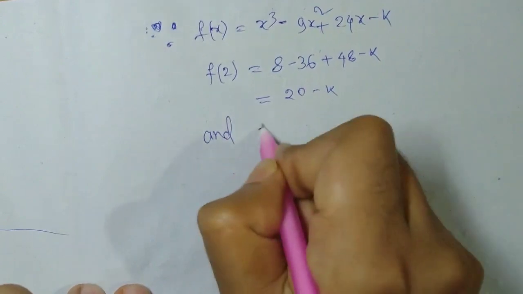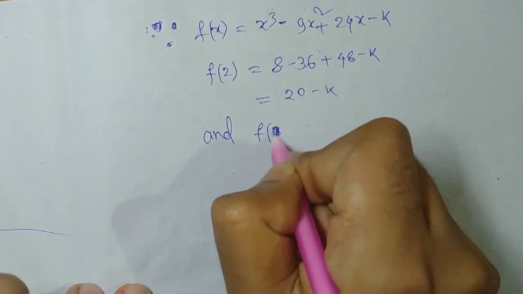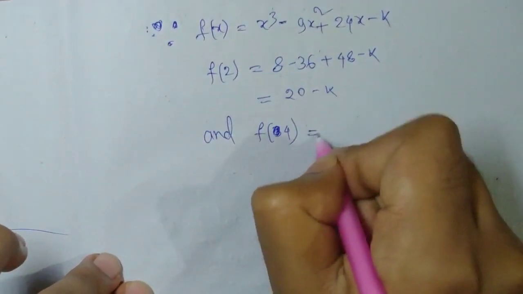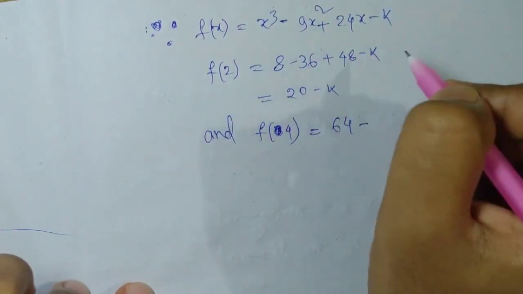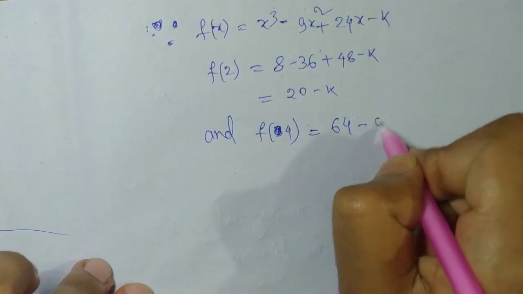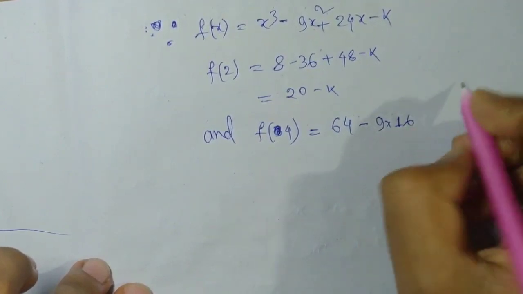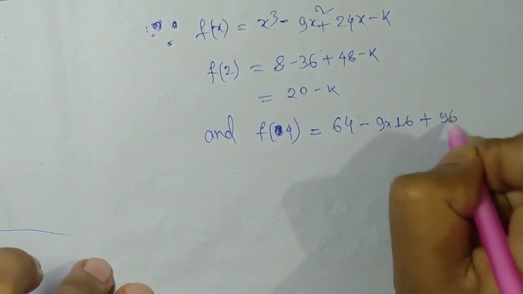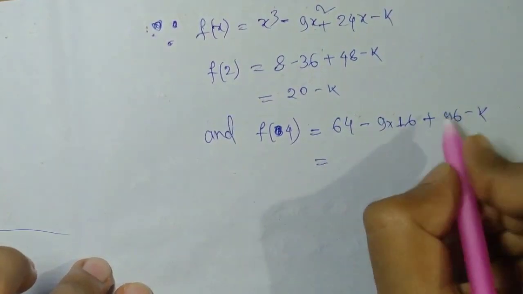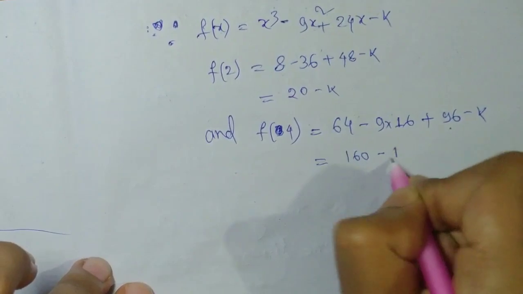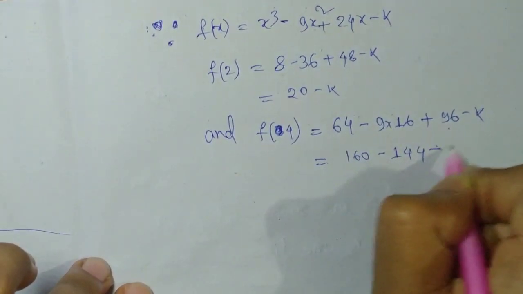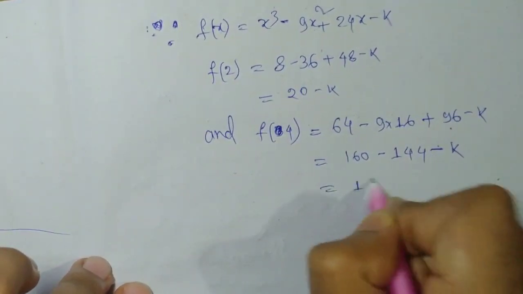And f of 4 equals 64 minus 9 into 16 plus 96 minus k. This will give 160 minus 144 minus k, which equals 16 minus k.